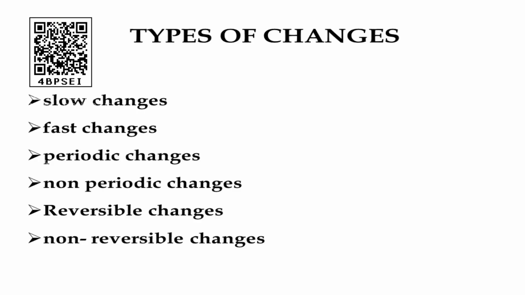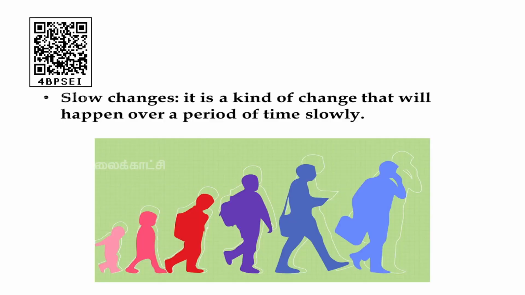Children, there are several types of changes that take place around us, such as slow changes, fast changes, periodic changes, non-periodic changes, reversible and non-reversible changes. Let me explain one by one. Listen. First, slow changes.